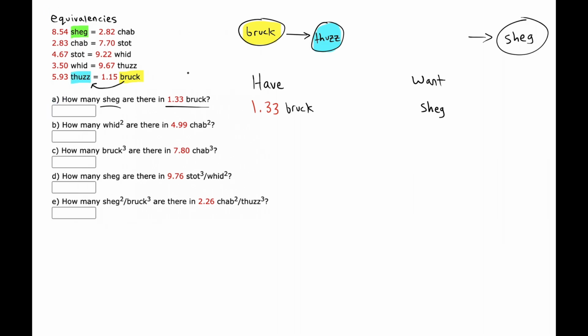And then once I'm at thuz, I could now go next to the unit called wid, according to the chart, because we have thuz here and we have a conversion between thuz and wid. Now that I'm at wid, I could now go to the unit of stot.